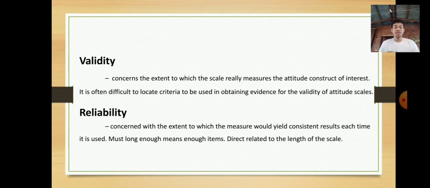So, one of the easiest ways to gather validity evidence is to determine the extent to which the scale is capable of discriminating between two groups whose members are known to have different attitudes. So parang to validate the scale that measures attitude toward organized religion, a researcher would determine if the scale can discriminate between active church members and people who do not attend church or have no church affiliation.